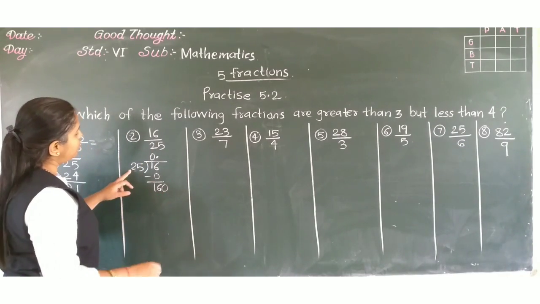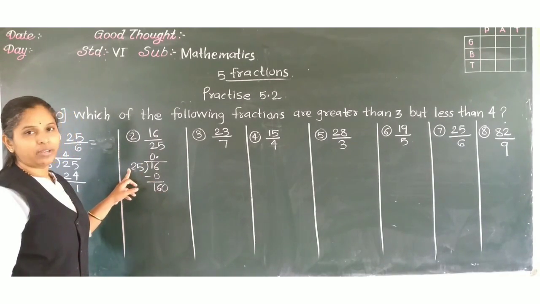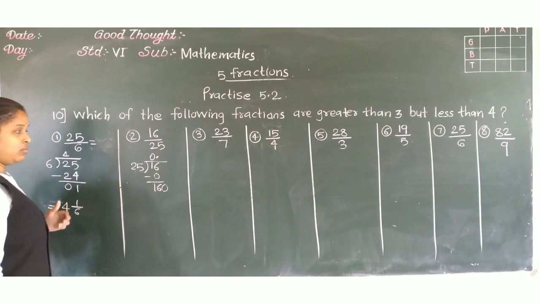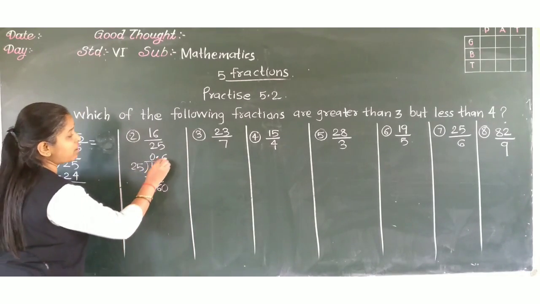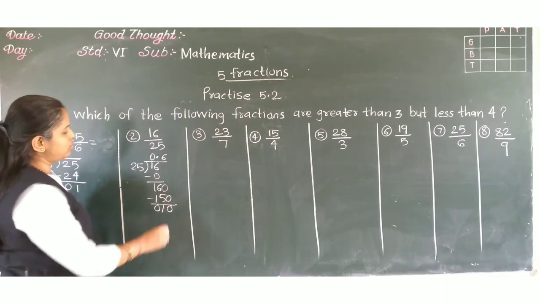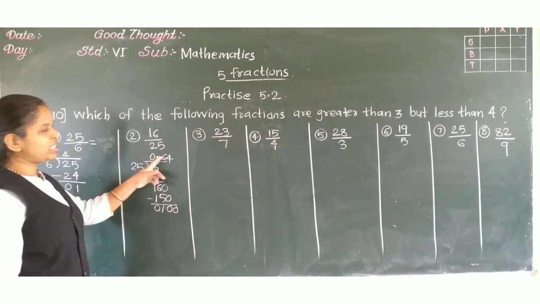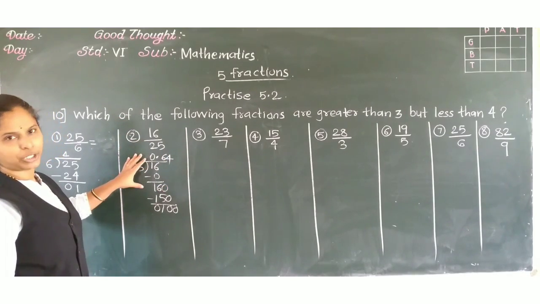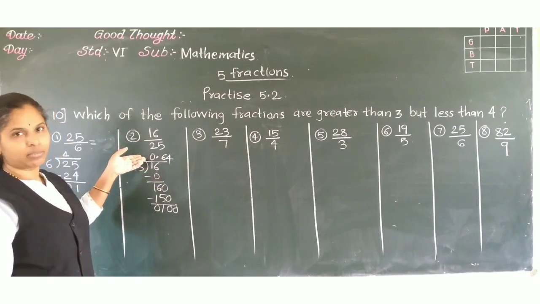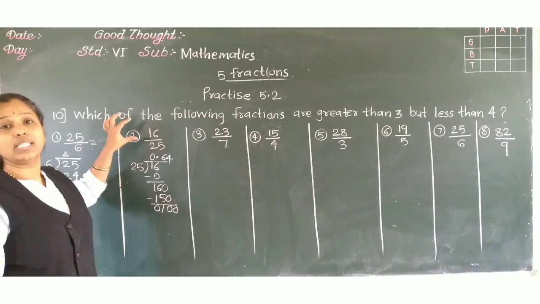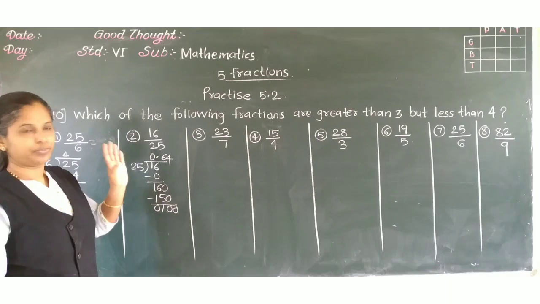Then 25 7s are 175, 25 6s are 150. So see the value, 0.64 it is. So this is not the required fraction. It is not greater than 3. Always keep in mind, a proper fraction's value is less than 1. Okay, it is smaller than 1.